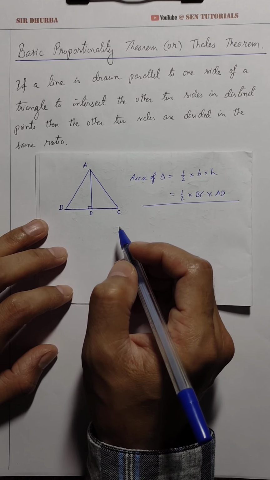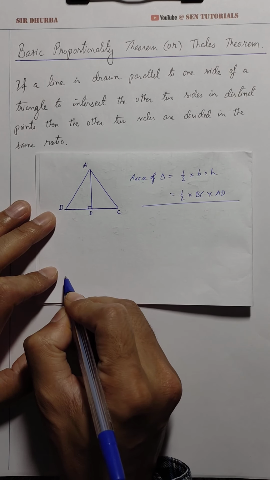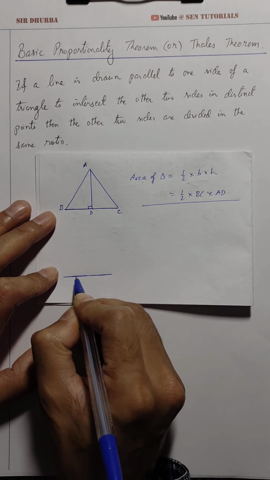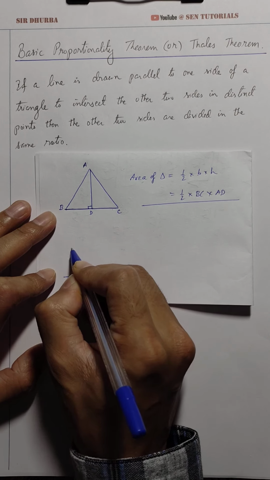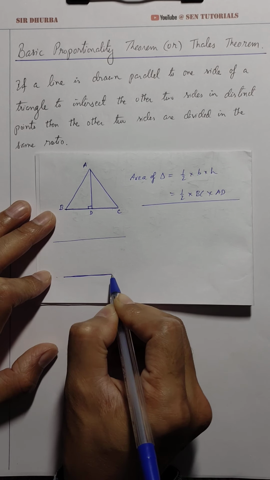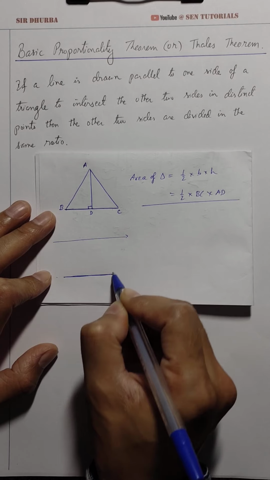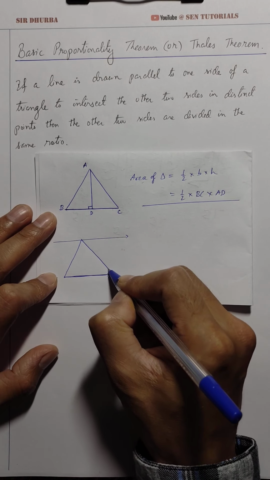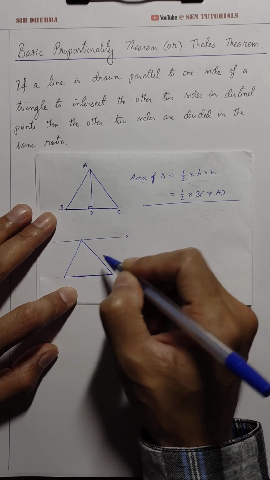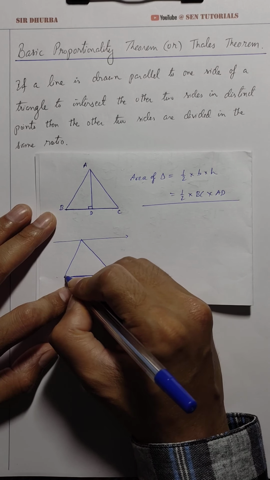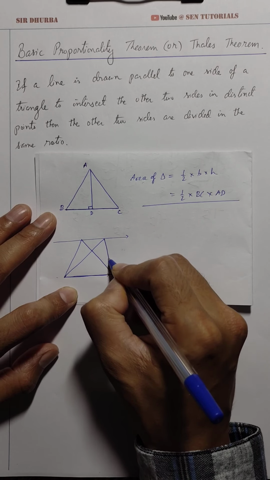The second concept that we will require is this: if you have two triangles on the same base and between the same parallel lines, I mean these two lines are parallel. So maybe one triangle we have something like this, and the other triangle something like this.